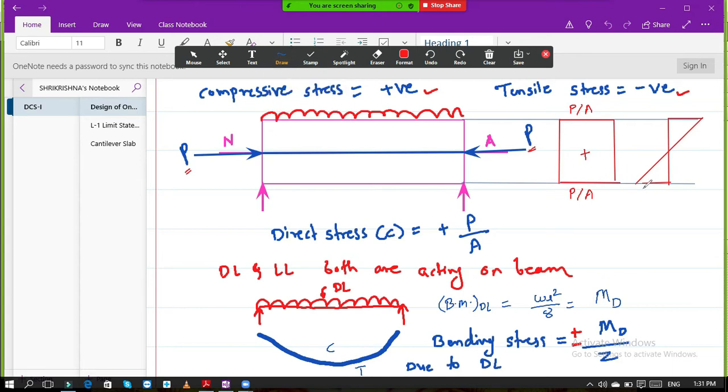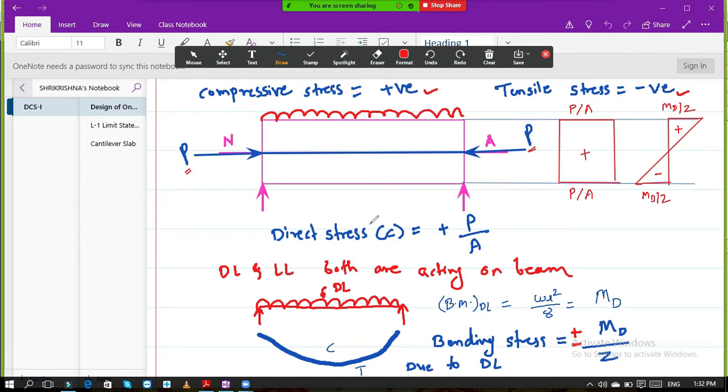MD by Z, MD by Z. At top it is plus, compression is there. At bottom it is minus. I hope now it is clear to you.